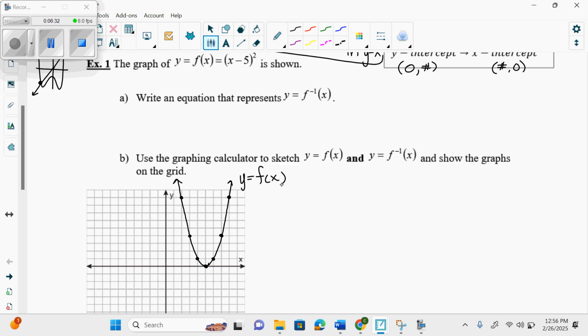Now I told you that inverses, x's and y's flip, correct? So let's, on the right-hand side, write out what the coordinates are from that graph, from the original.